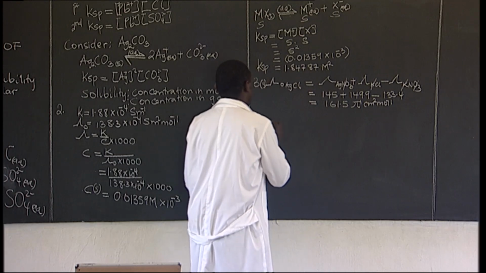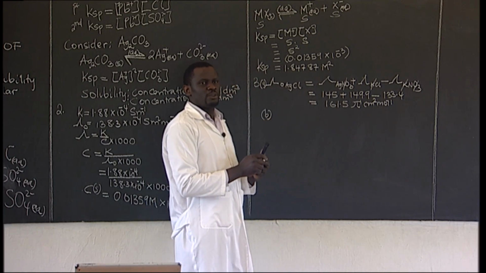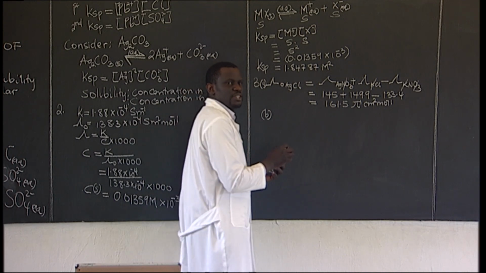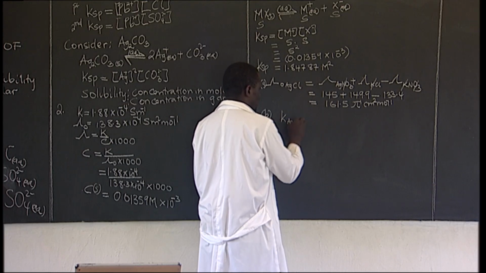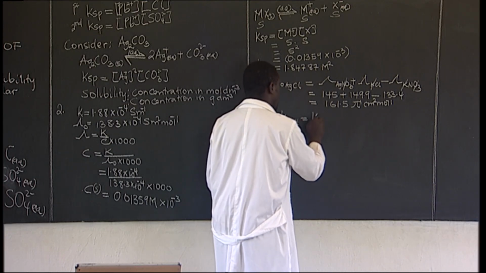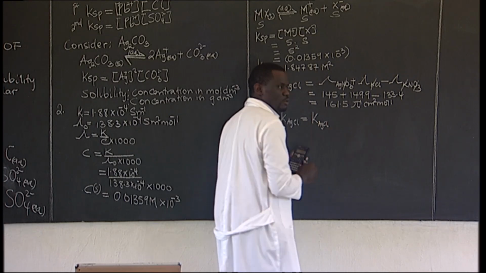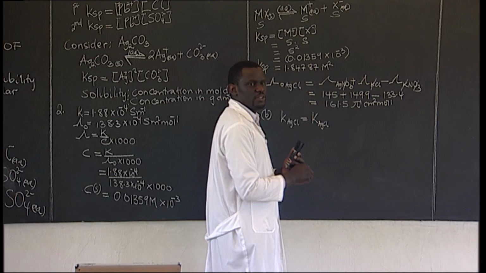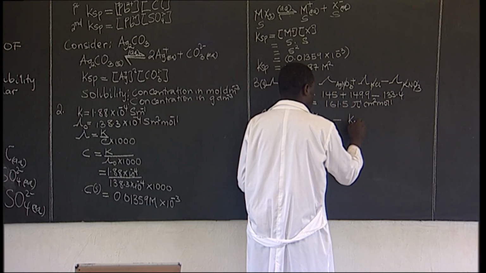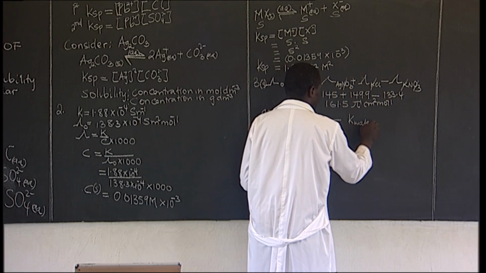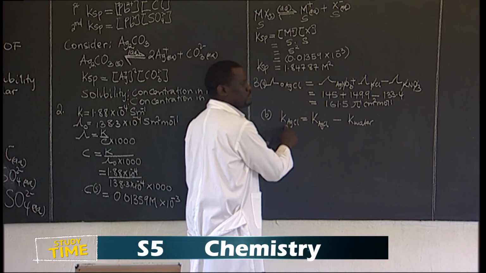Then from there, on part B, they have given us two types of Ks, but they want to get the K for silver chloride. So we can say K for silver chloride, this is also somehow new, is equal to K for the silver chloride saturated solution minus K for water. So someone may say these are the same, but this one is the one we are going to use in our calculation.